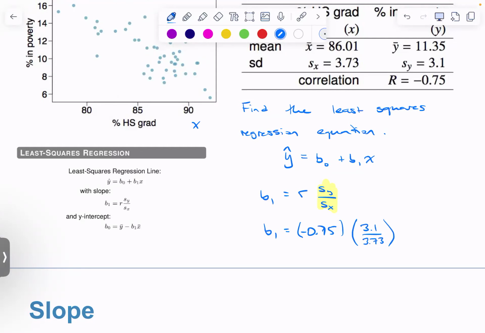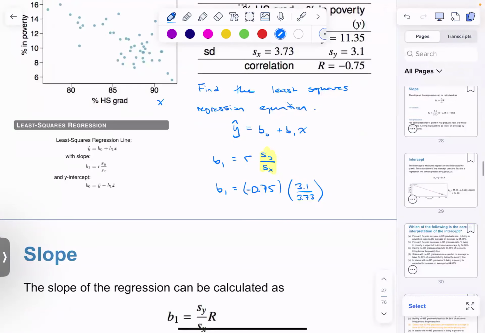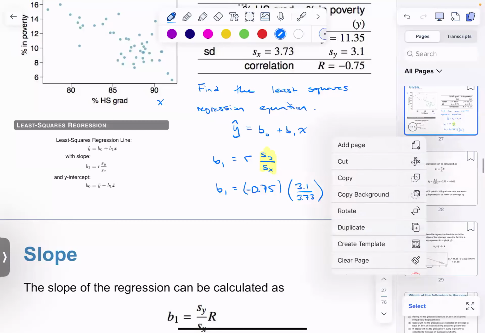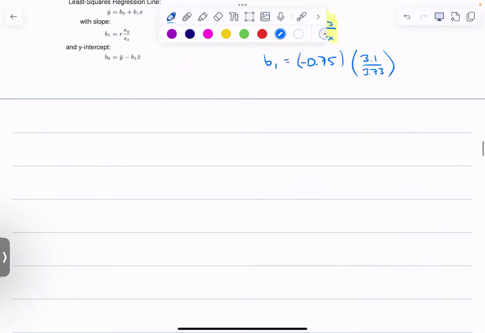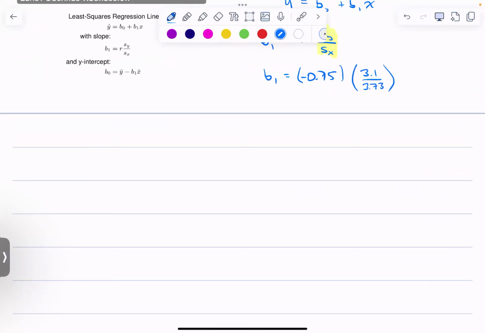Calculate it. Try to break my calculator. I find that b1 is 3.1 divided by 3.73 times negative 0.75. I get roughly negative 0.6233243968.